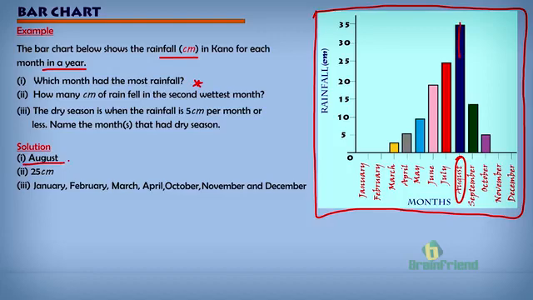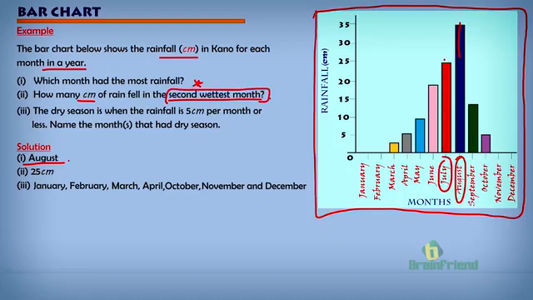The next question says, how many centimeters of rain fell in the second wettest month? The first wettest month we've already found to be August. August has the tallest bar in the chart. The second tallest bar would be the second wettest month. And of course, that bar belongs to the month of July.